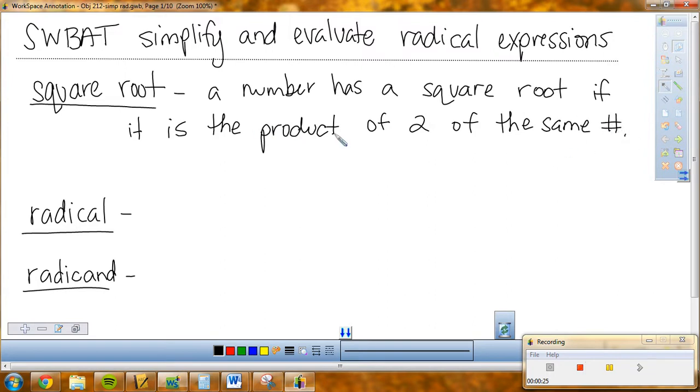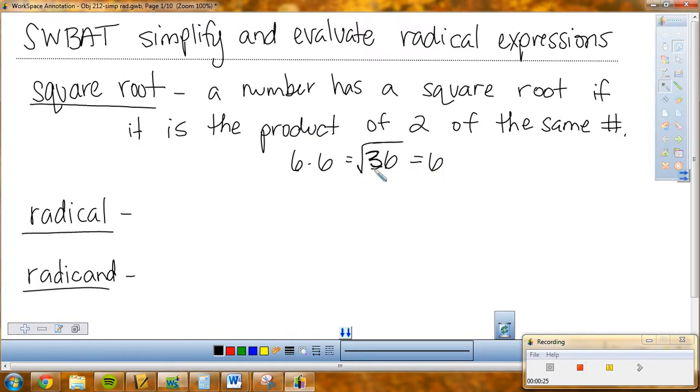Right, so product meaning multiplication. So a number has a square root if we're multiplying two of the same numbers. So for example, 6 times 6 gives us 36. We could say the square root of 36 is 6.